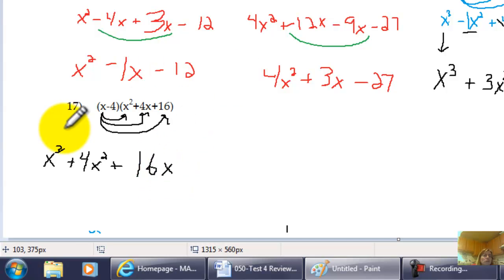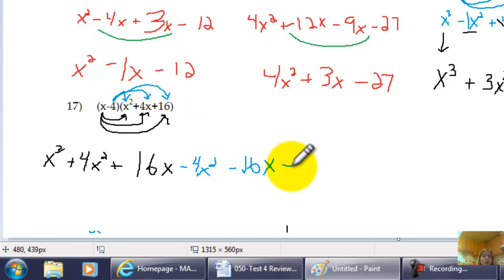And then we're going to take this negative 4 times each term. Negative 4 times x squared is negative 4x squared. Negative 4 times the positive 4x would be a minus 16x. And then negative 4 times a positive 16 is a negative 64.